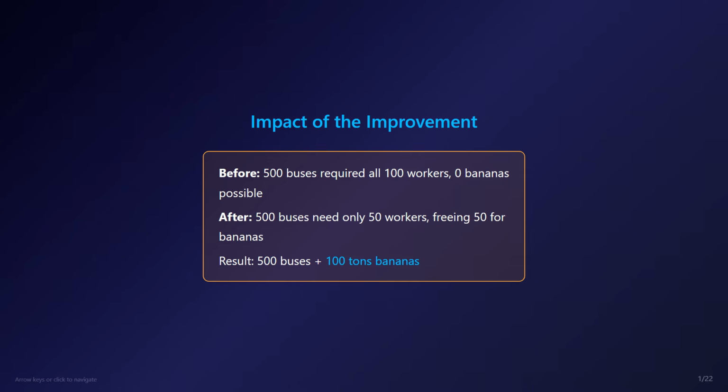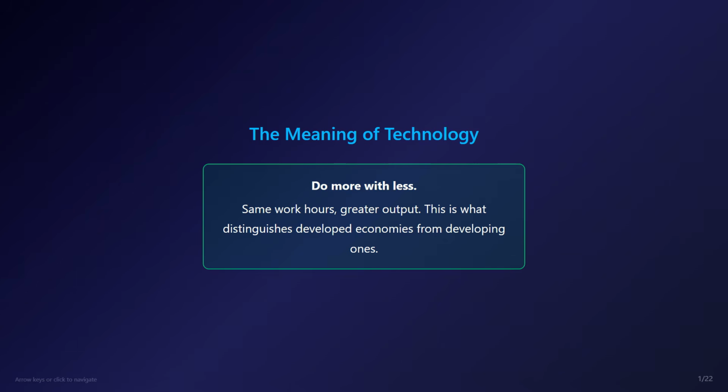Topic summary. We have summarized the entire topic of the production possibility curve with one production factor. We learned that economics deals with the problem of scarcity, unlimited wants versus limited resources. We constructed the production possibility curve that describes all efficient production points. We understood that points inside the curve represent unemployment, and points outside are impossible.